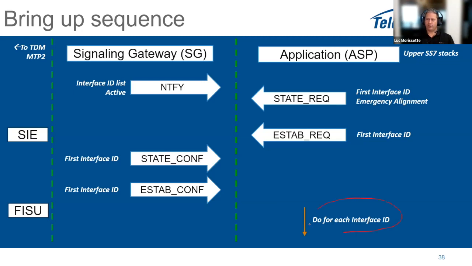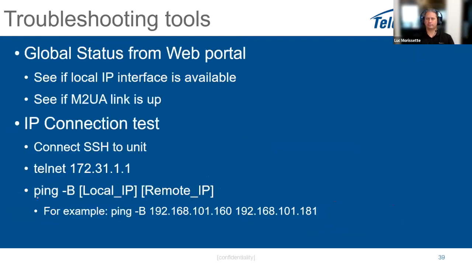So for each interface ID, you will need to have another segment like this. The other will not be in emergency. It will be in normal alignment, and it will be SIN instead of SIE. I'll show you this in the Wireshark traces we capture.